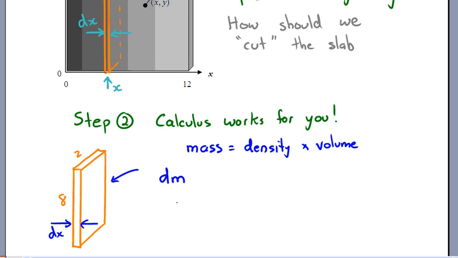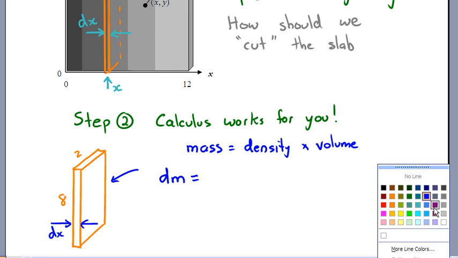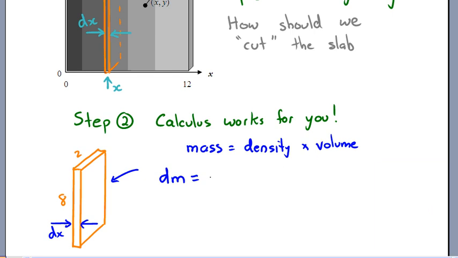Small little tiny mass. Well, it's going to be the density multiplied by the volume. The density for that particular slab depends on where it's located. The density function was 4 all on top of x plus 8 because they said so. Okay, so there's the density, right? That's just this part of the formula right there.